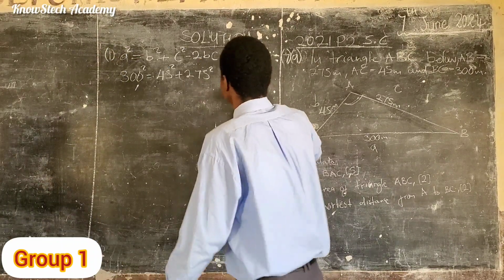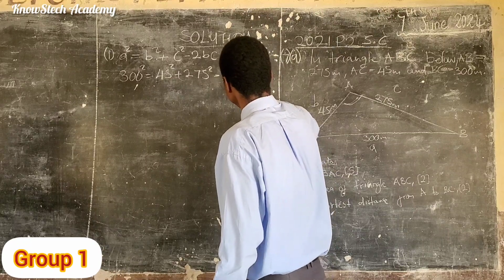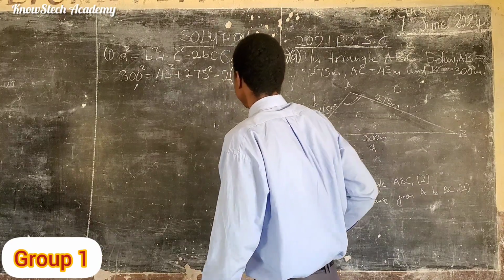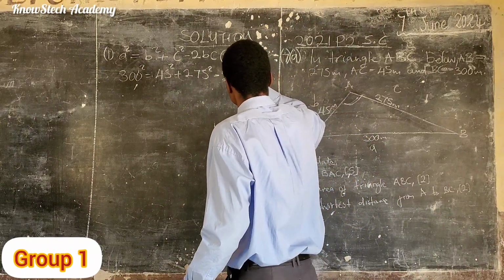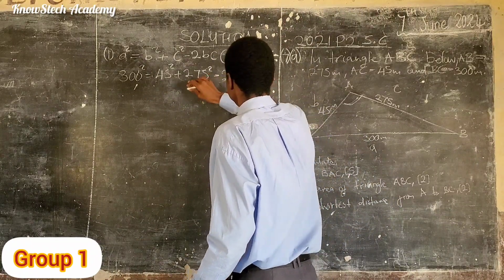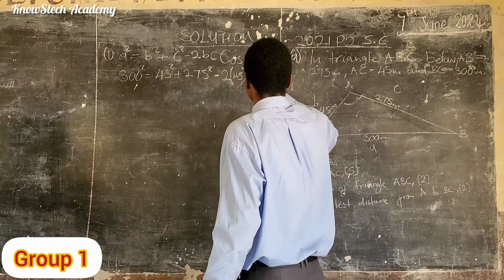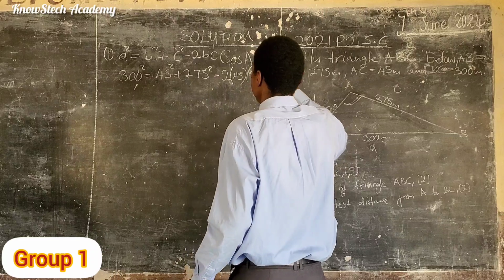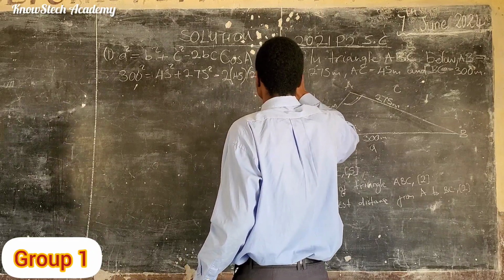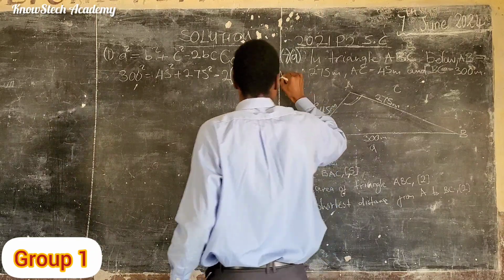So we continue and we write B, so B is 45, then C is 275, then cos A.